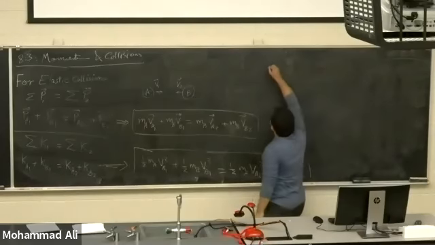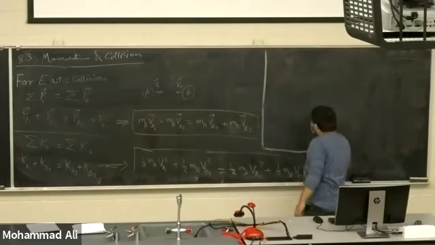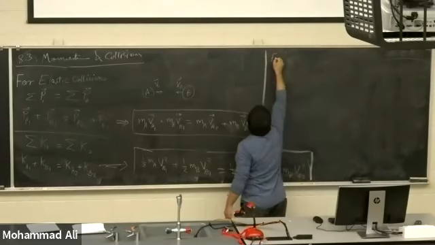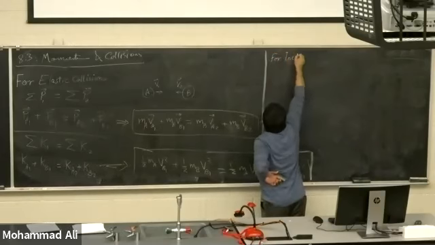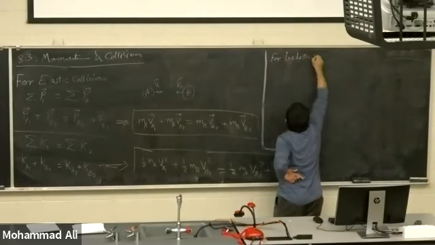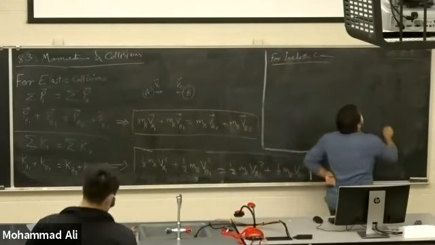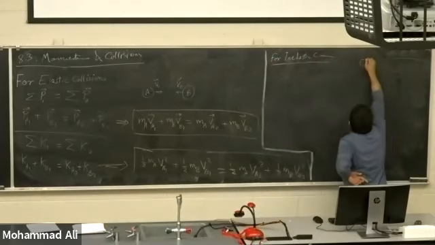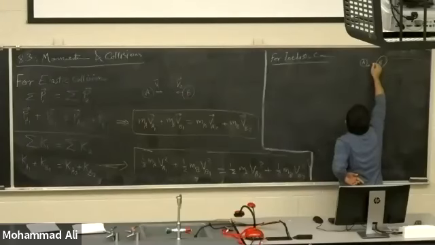Now for totally inelastic collisions. For totally inelastic, we have the mass A and the mass B collide together.